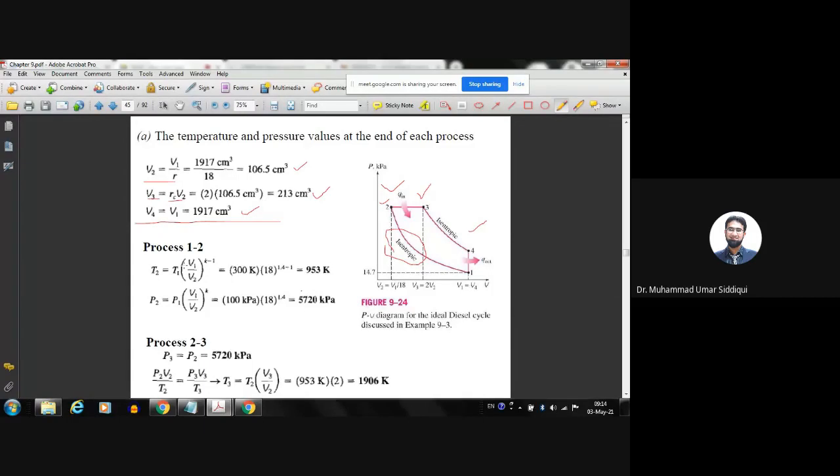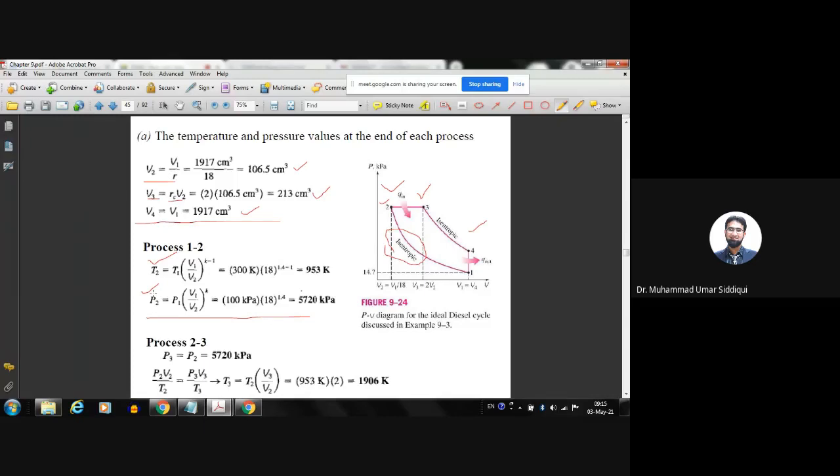Since we know the volume ratio, we can determine T2 and P2, using the equation for the relationship between temperature and volume, and the equation for the relationship between pressure and volume. So we know now all the properties at state point 2.